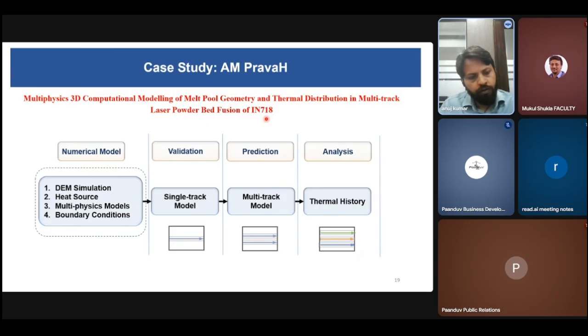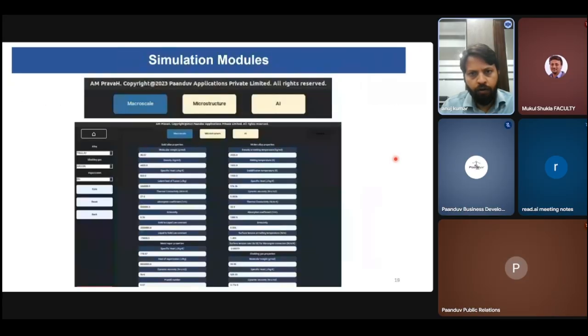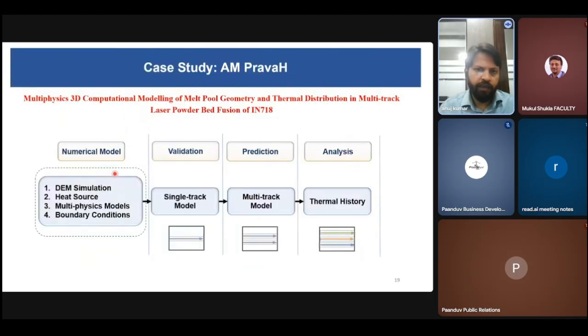When we collaborated with AM PravaH, we found that we have a more comfortable UI and a more streamlined process for modeling, and you can directly select the material. You can select your process parameters. You have to calibrate your process parameters and your physical constants, and you can predict the melt pool geometry. You can predict the thermal cycles, which are important to understand the whole process. So this is a case study.